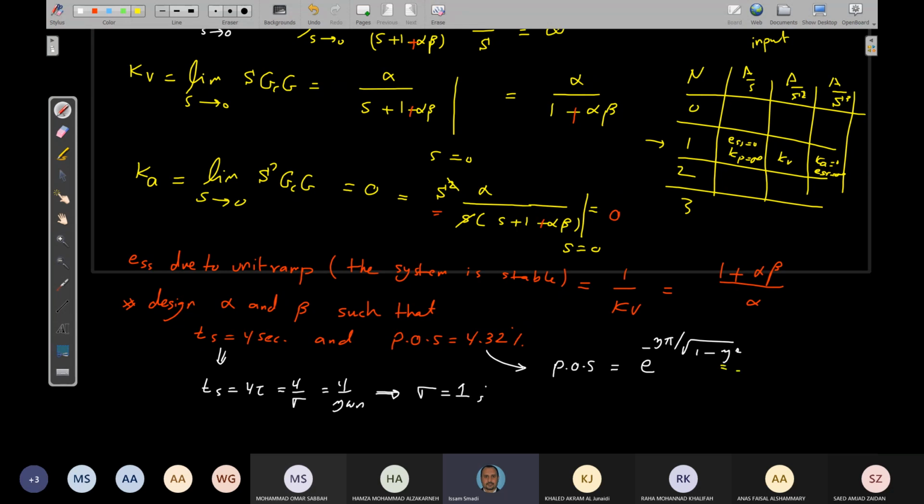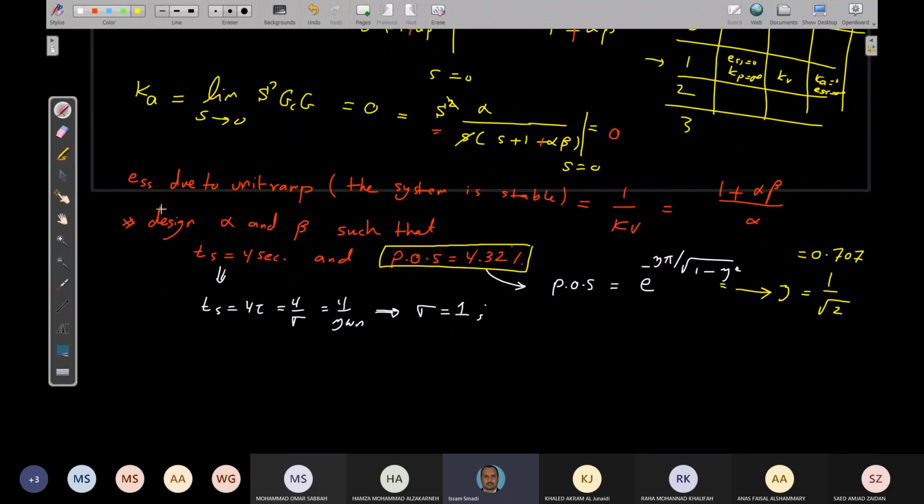Now if I do the math, you don't need to be a genius to do that. Zeta will equal 1 over square root of 2. And simply if you see this number, if the percent overshoot is equal 4.32%, then know that zeta is equal to 1 over square root of 2, which is actually 0.707.